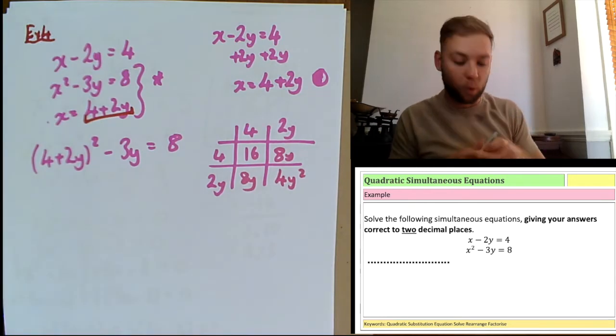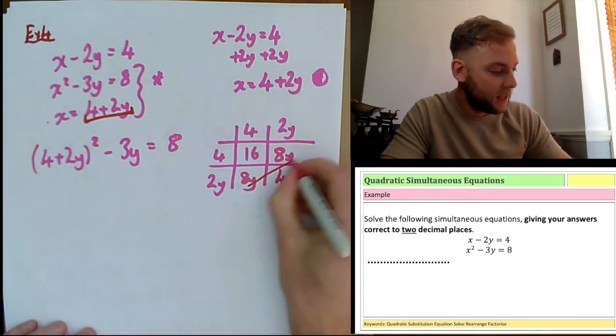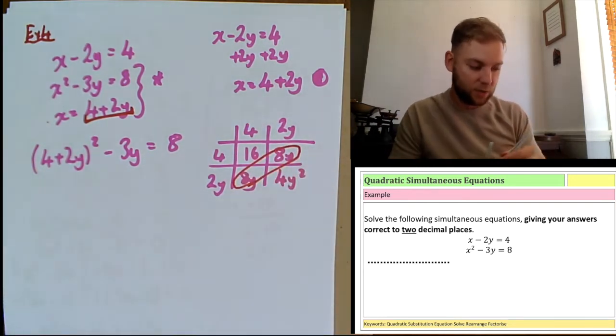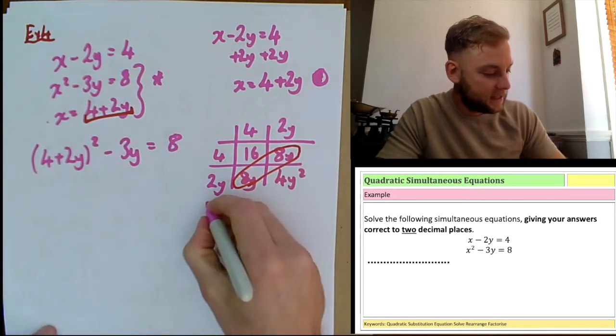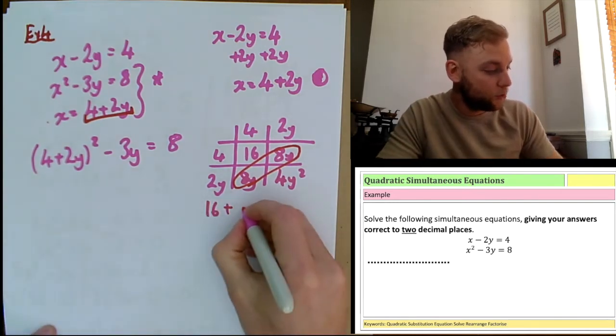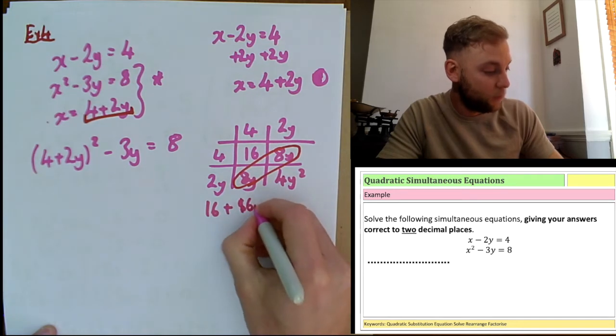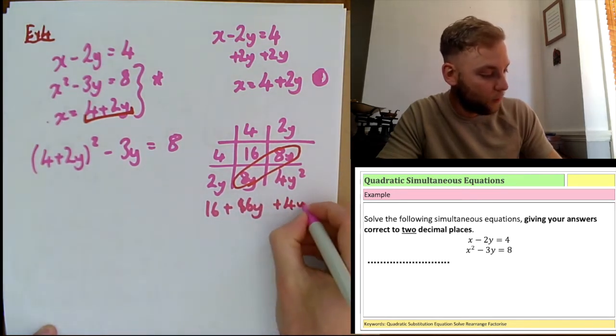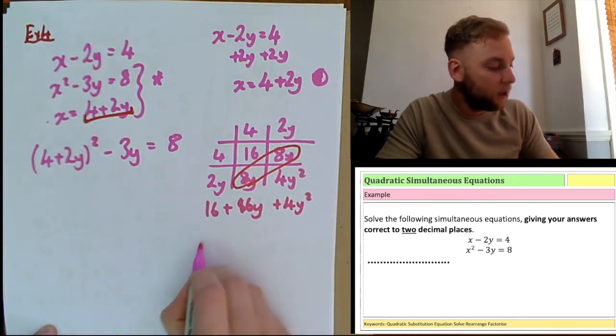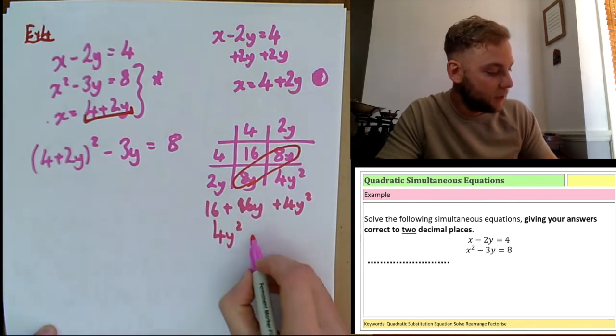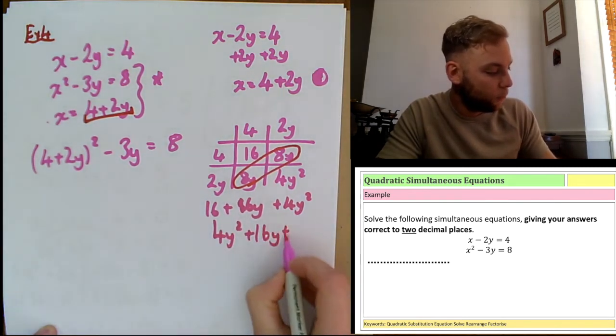I'm going to bring the y's together, which is this part here. Okay, so then I end up with 16 plus 16y plus 4y squared. I probably should have put that in order. 4y squared plus 16y plus 16.